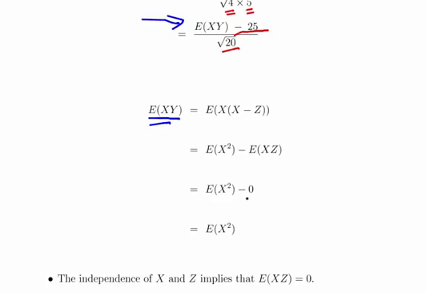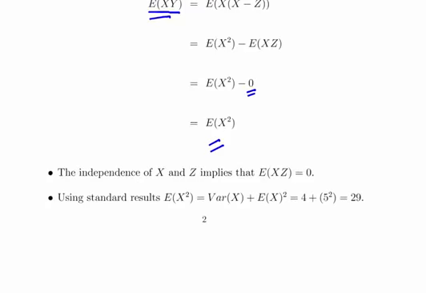And the expected value of x times z is going to be 0. So essentially the expected value of x times y is going to be the expected value of x squared. By the way, independence of x and z implies that the expected value of xz is equal to 0.